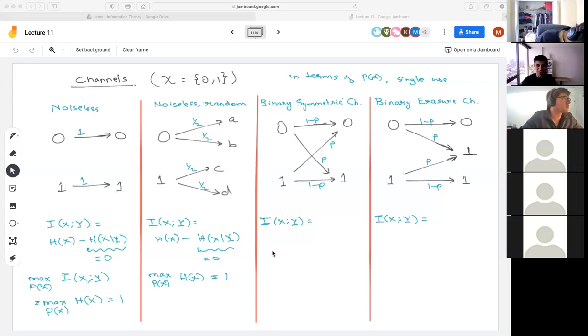And this was one of the exercises way back when we talked about mutual information, to compute the mutual information and also maximize it. Any guesses, computations? Something you recall from earlier computation?